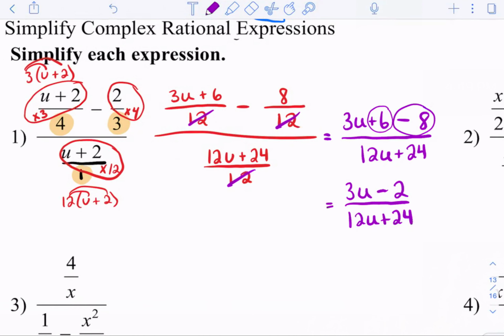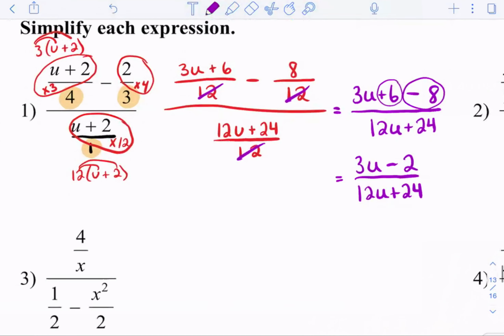Remember, now I have to factor and reduce. So let's factor. In the numerator, I cannot factor. 3u minus 2 cannot be factored. But in the denominator, they have a GCF of 12. So I'll leave the 3u minus 2 in the numerator.